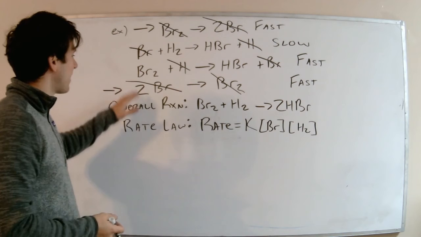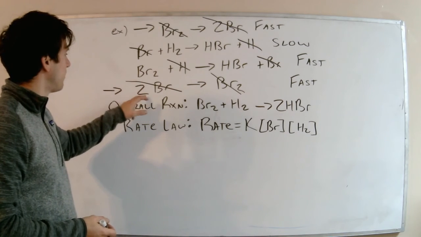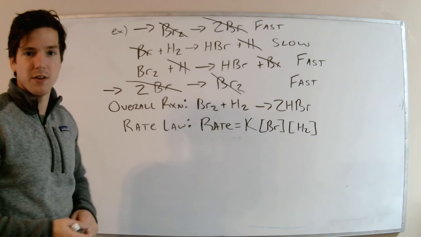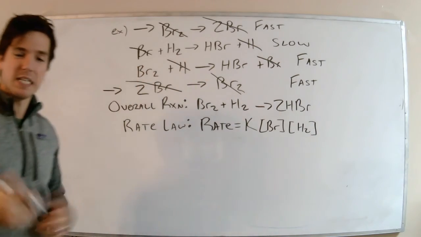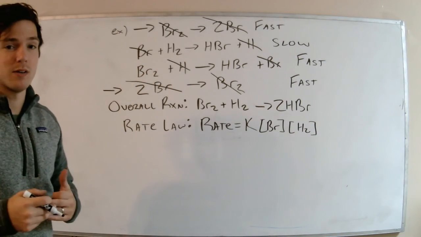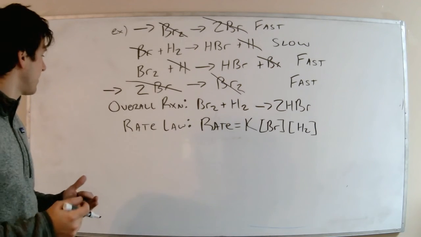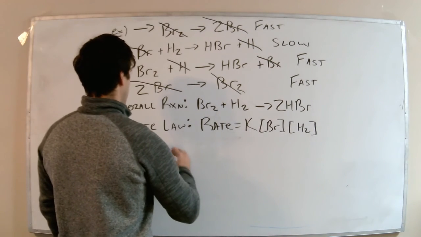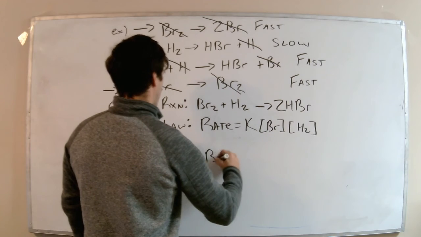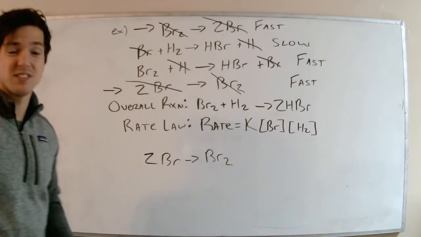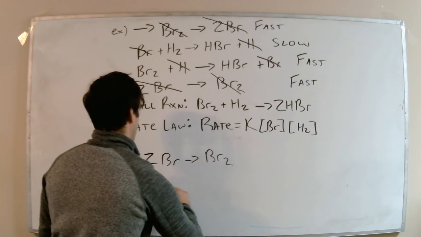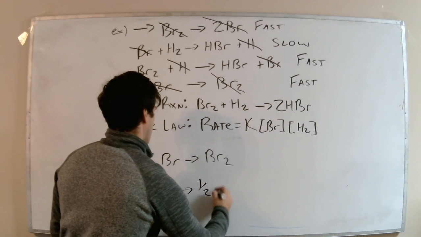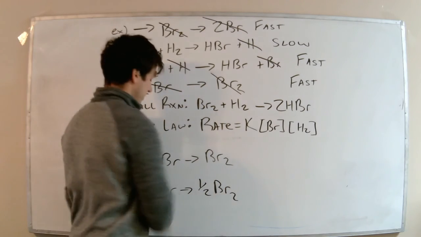So I canceled out this Br, but that was Br squared, right? It would be Br squared in here, so it doesn't really equate all that well. But the good thing is that if I have this 2Br, Br2, I could always simplify it to help me out. I could just change it to Br equals 1/2 Br2. That's totally fine.